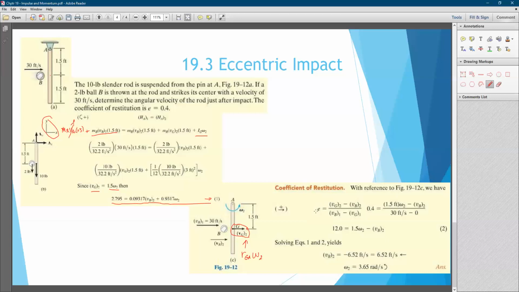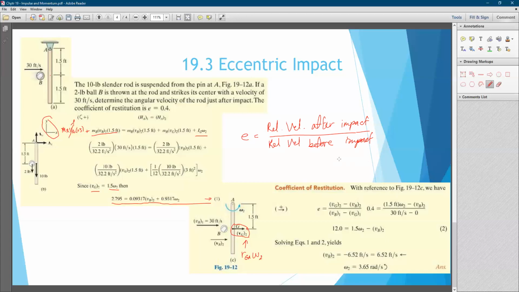The coefficient of restitution is the relative velocity after impact or collision over the relative velocity before impact.